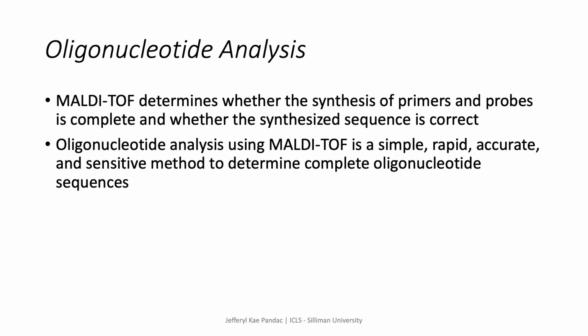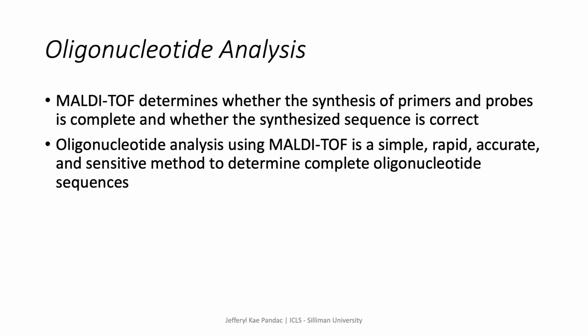protease. And with the development of molecular biology techniques and antisense nucleic acid drug technologies, more and more oligonucleotide fragments have been synthesized to be used as primers, probes, and antisense drugs. It is entirely necessary to quickly detect these fragments to determine whether the synthesis is complete and whether the synthesized sequence is correct.